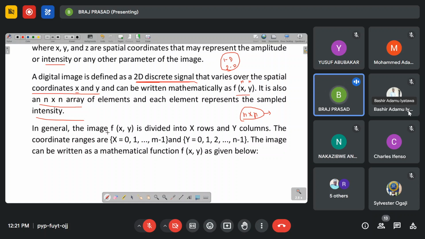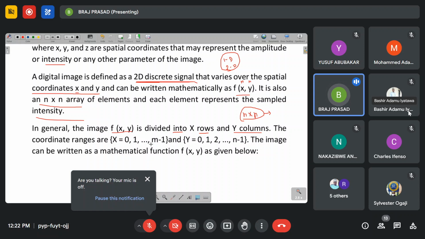In general, the image f(x, y) is divided into x rows and y columns. The coordinate ranges are x from 0 to m minus 1 and y from 0 to n minus 1. The image can be written as a mathematical function of x, y as given below.